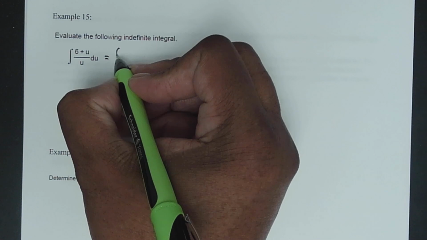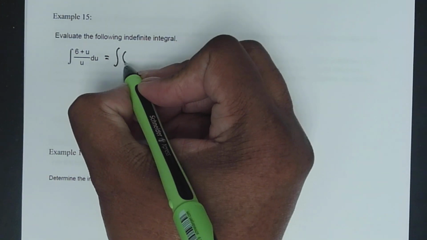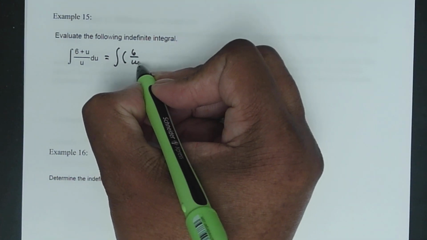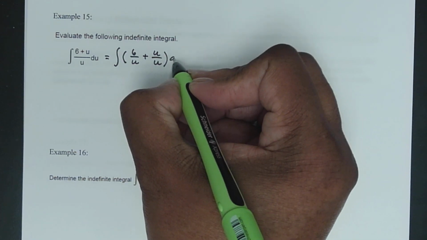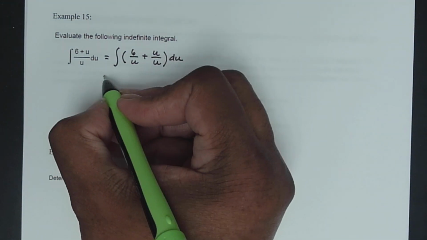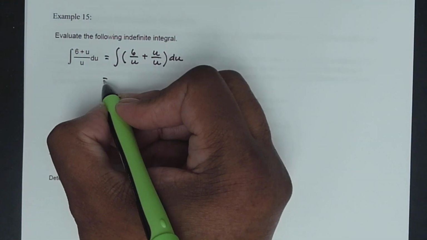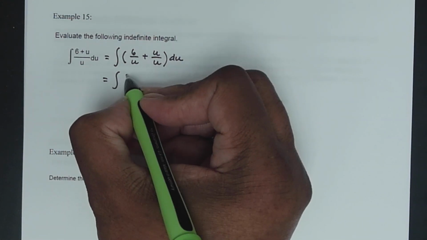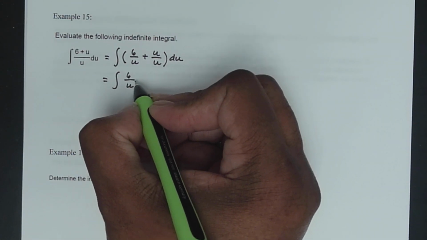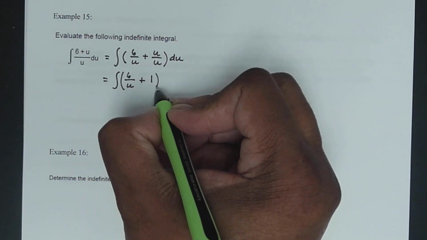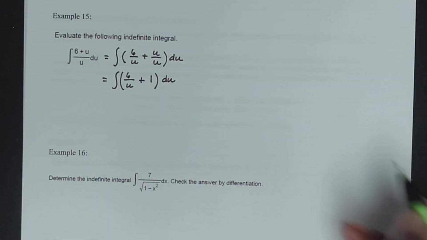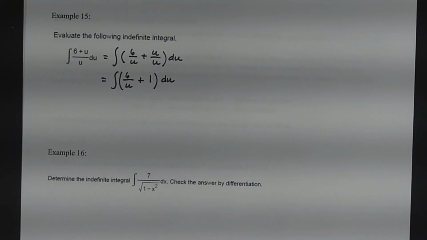So I can break this up as the integral of 6 over u plus u divided by u du. So here this will be the integral of 6 over u plus u divided by u will be 1. Now this will remain in parentheses, times du.